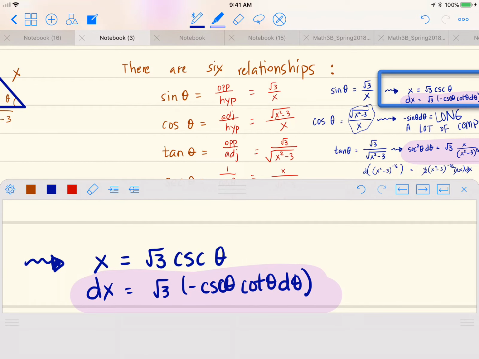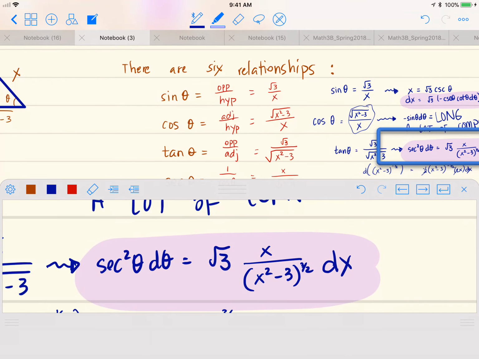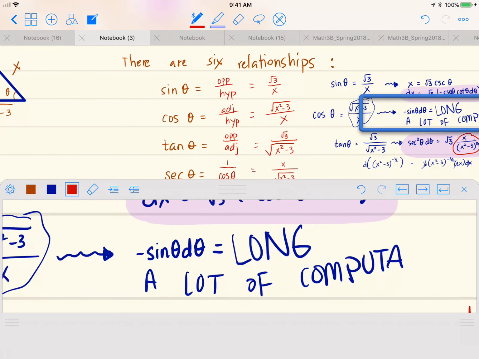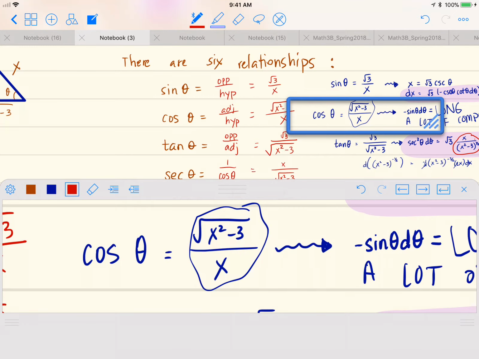It's short and clean, whereas this has a d theta and a secant squared, and now I've got to hope that this part right here is in my original integral. Because remember, all I wanted was to find dx. My goal was to find dx. So I would actually have to take this x over x squared minus 3 to the 3/2 and divide both sides by it, and it'd be a real mess. This one was so long, I didn't even bother to try to do it.